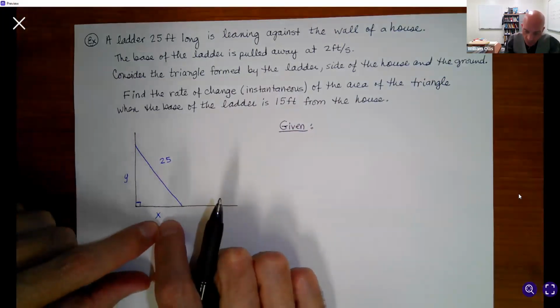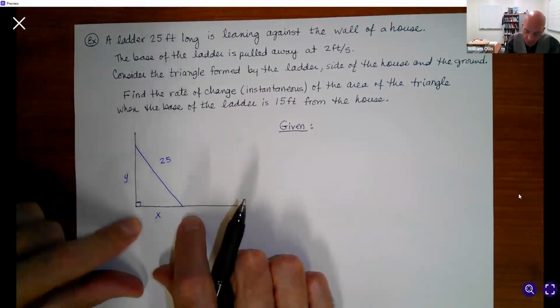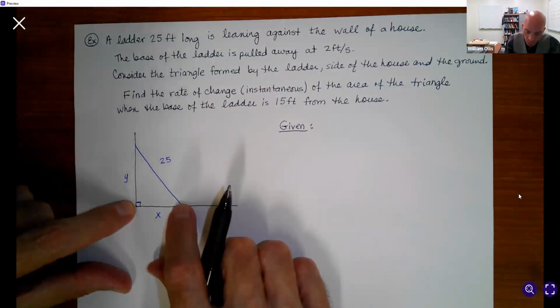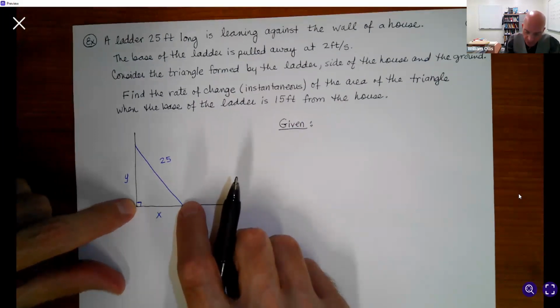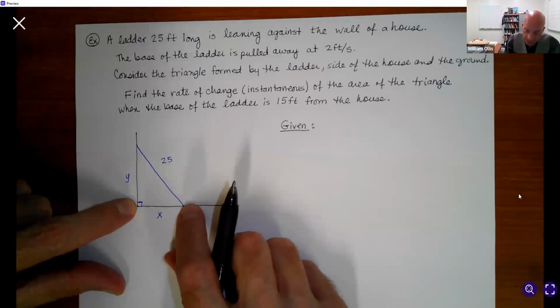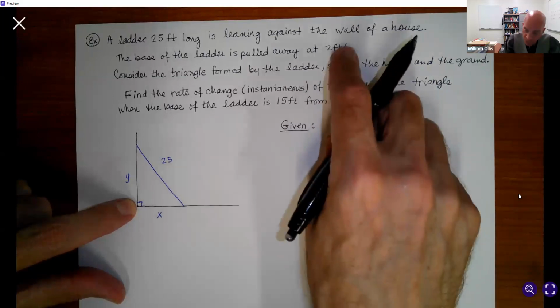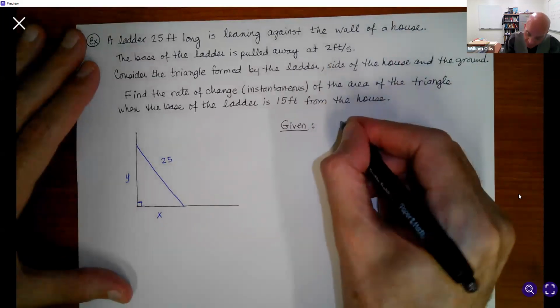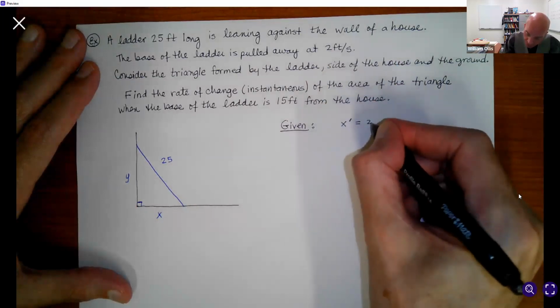And then what we're seeing is that it says the base of the ladder is pulled away at 2 feet per second. So this distance here from the base of the ladder to the house, we call x. This will say that x prime, or the rate of change of x, will just be 2 feet per second. So we have a given x prime equals 2 feet per second.